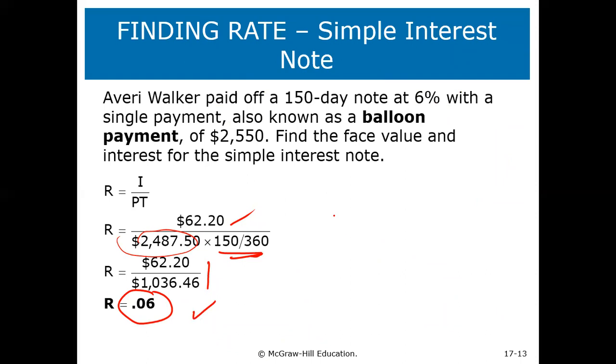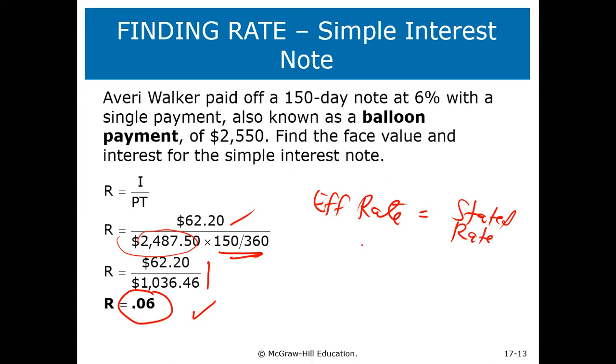So it just clarifies and reinforces what we said a while ago, that for a simple interest note, the effective rate will always be equal to your stated rate, also called nominal rate.